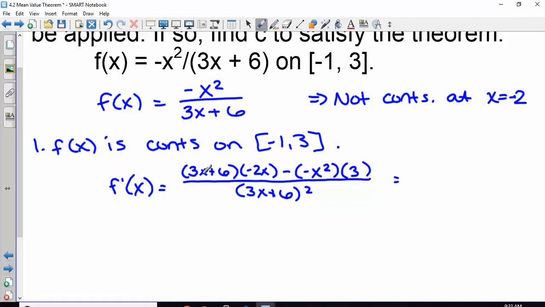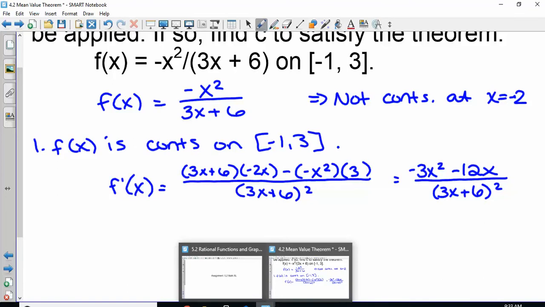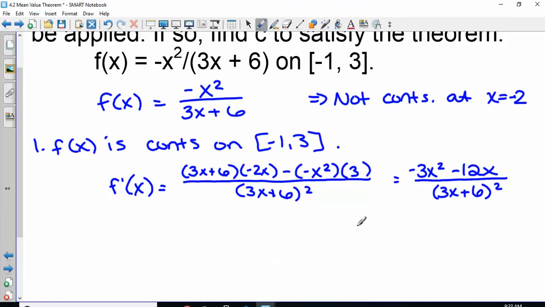Okay, so I would have a -6x squared and a positive 3x squared. Not in completely lowest terms, but this will work.